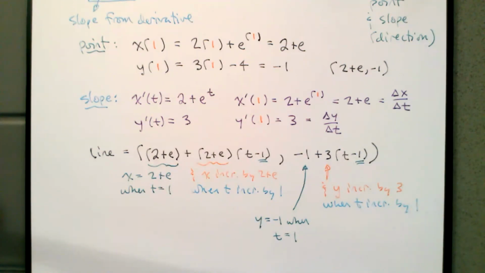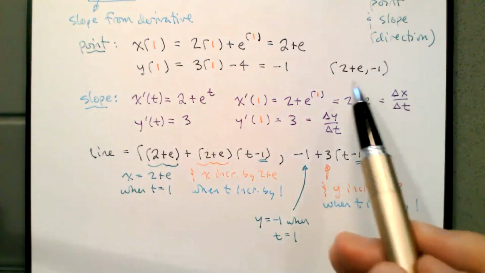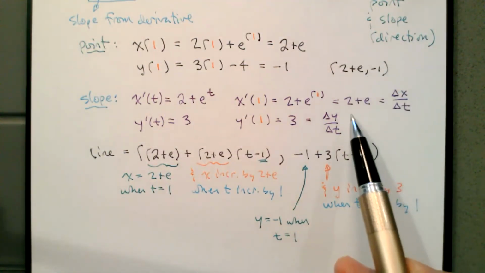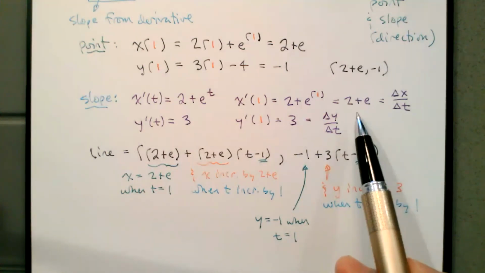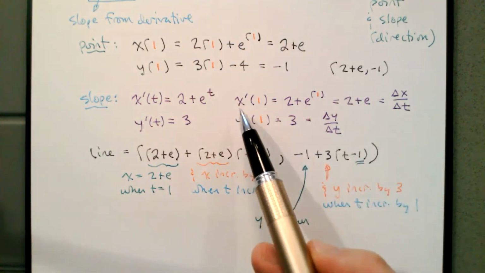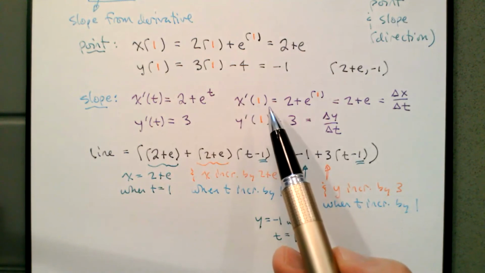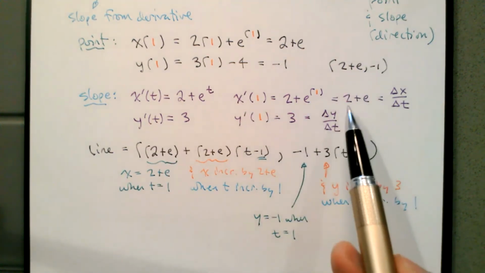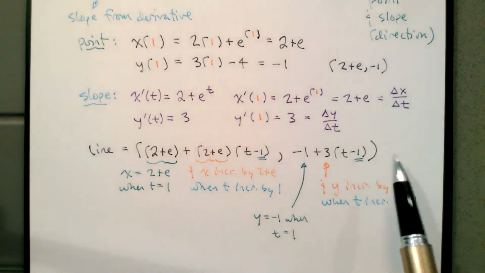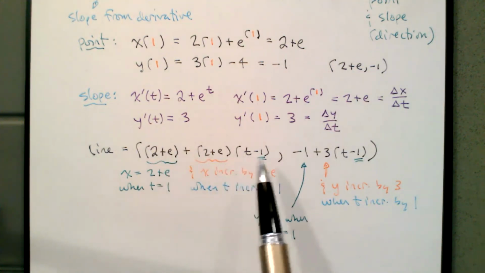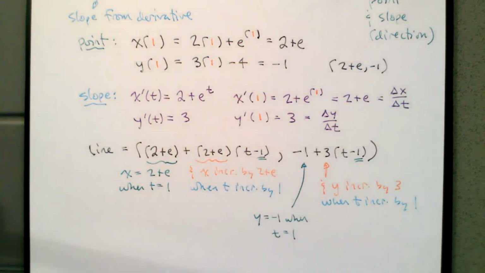I need to write, so we're starting off at this point. X starts off at 2 plus e, and then x increases by 2 plus e whenever t increases by 1. So this is how x is changing with respect to t, because it's the derivative of x with respect to t. So we start off at 2 plus e and add 2 plus e a bunch of times. It works just like the slope.